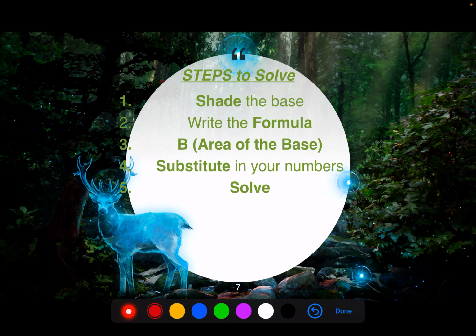So these are the steps we're going to use to solve our volume problem. The very first thing is to shade the base. That's going to help us identify the base, and that's going to help us with our big B, our capital B. Then you're going to write the formula. For today, you're only using prisms, so you're going to have V equals area of the base times height. The B is the area of the base.